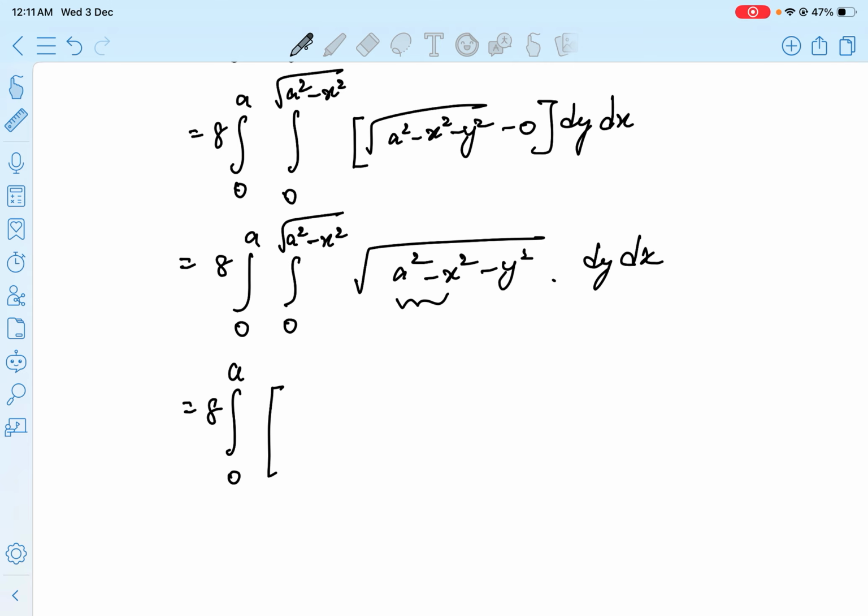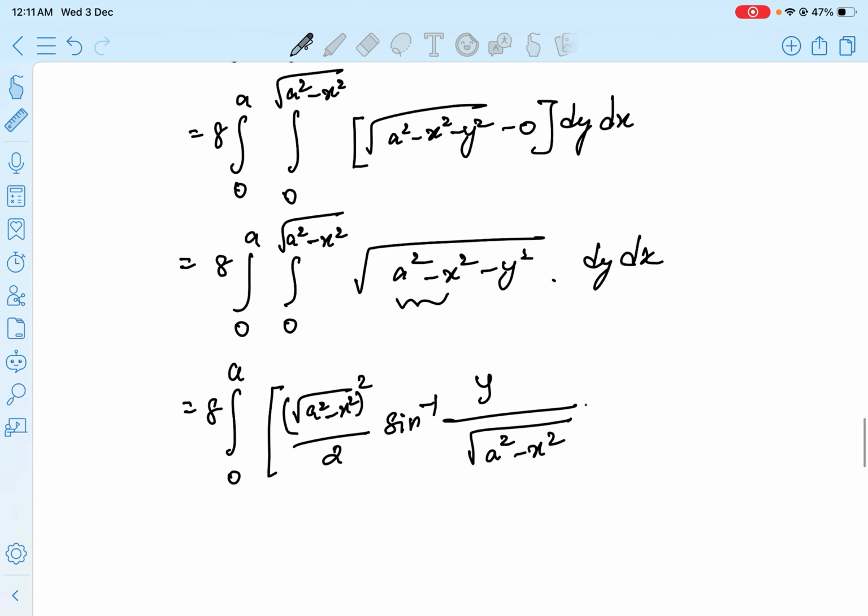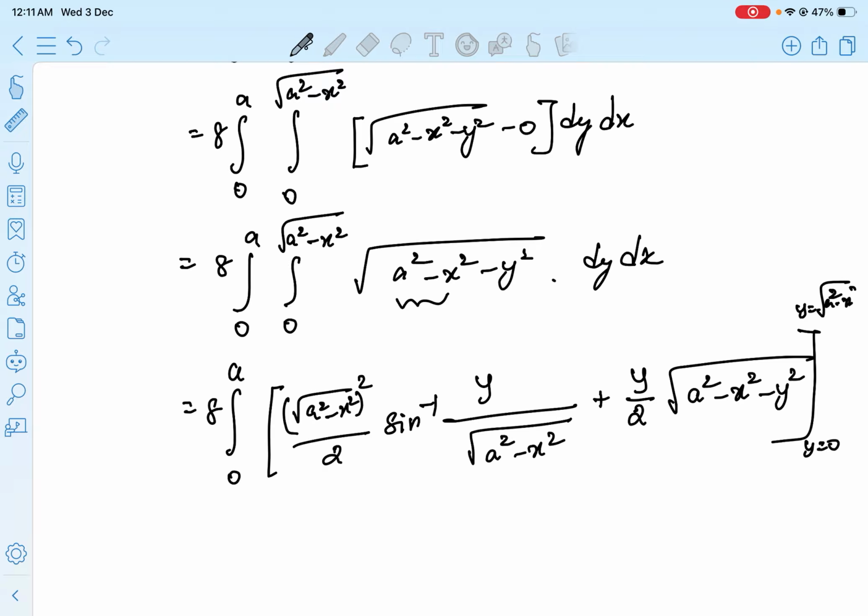Okay, so root of a square minus x square is your a square by 2 sine inverse of y by root of a square minus x square, plus y by 2 into root of a square minus x square minus y square. So your y equal to 0, your y equal to root of a square minus x square, into dx.